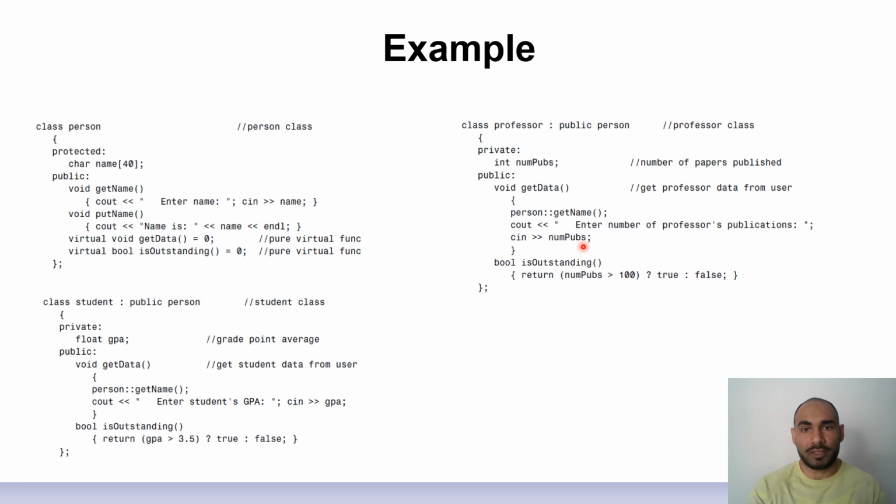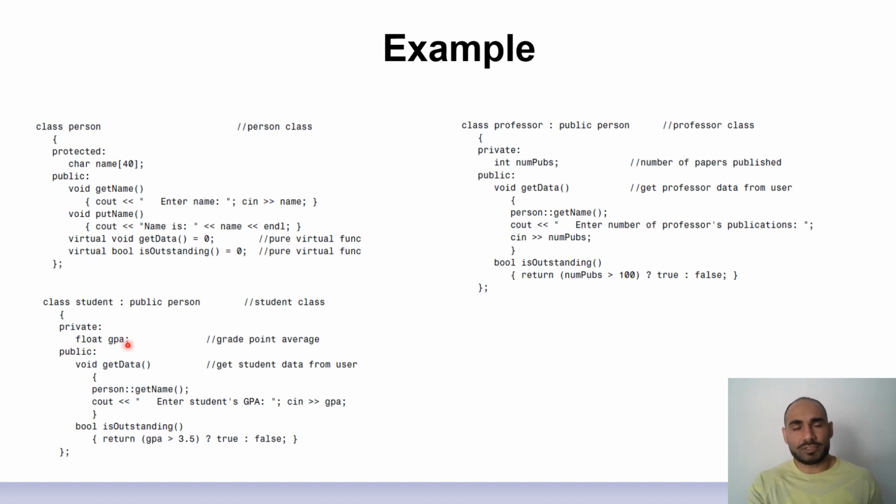This numpubs is the number of research articles somebody has, held under the data member called numpubs, and for the student the GPA is held under the GPA variable.